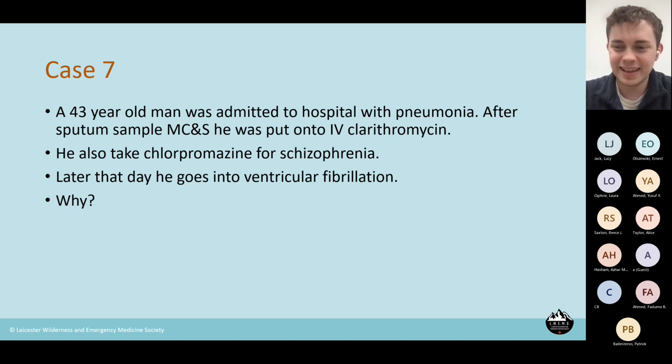So someone knows their H's and T's already. Can anyone think of a reason specifically for these two medications why it might have happened? Antibiotics, yeah.